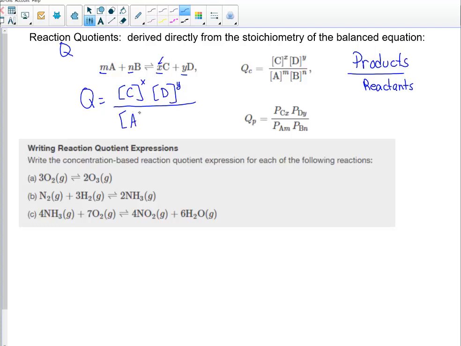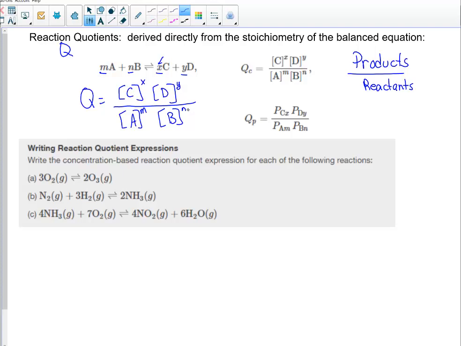The first reactant is A raised to the order of M. The M is the coefficient. It becomes the factor to which we raise the A. And B raised to the power of N.